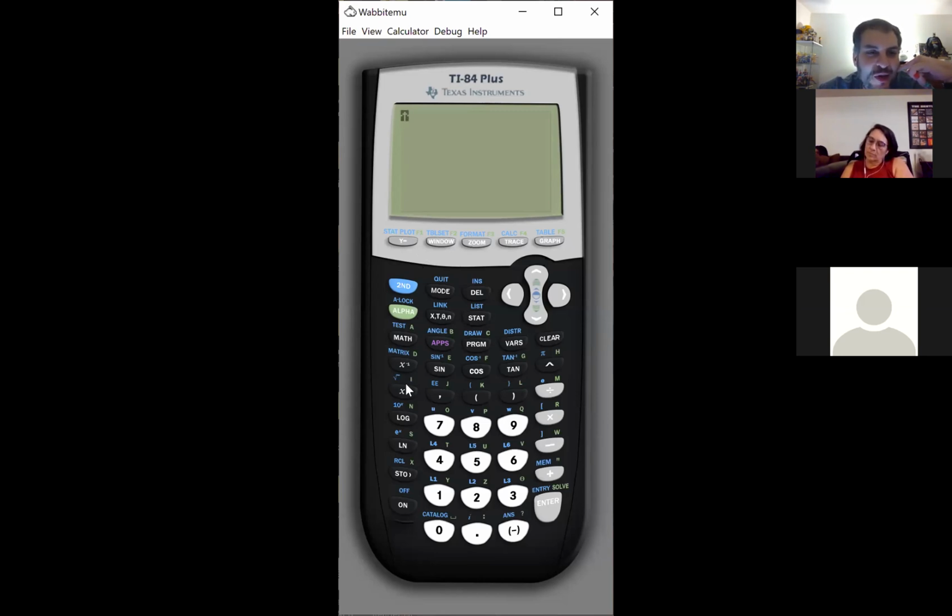Then you hit the button that says X squared. Cool, now I have my radical. So now we can say radical 32. Enter that, and you get the answer to be 5.7. All right, everybody good? I got 5.7 for my classes.